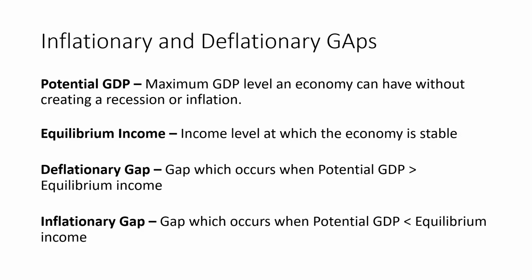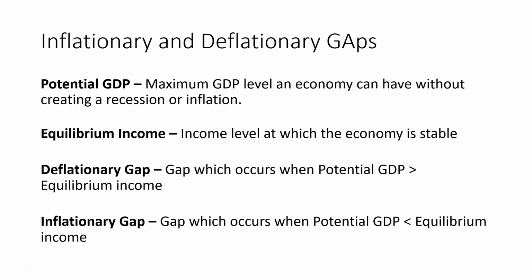So the potential GDP is basically being on your production possibility curve. Now, what Keynes wanted to do was compare this potential GDP with equilibrium income. If the place where your economy comes to rest equals your potential GDP, then you're fine. You're in a great place.